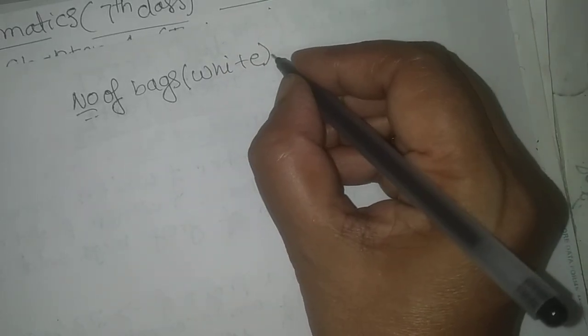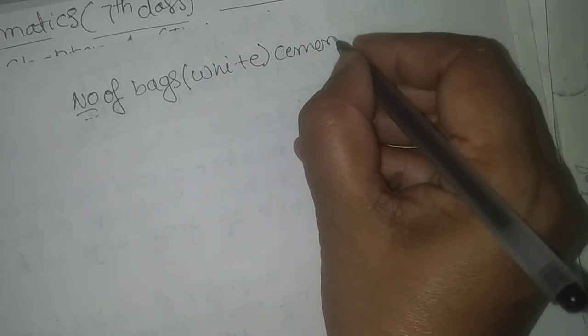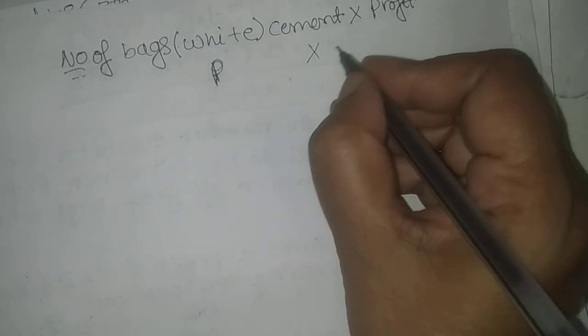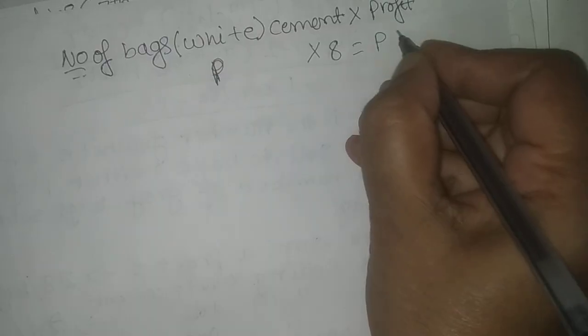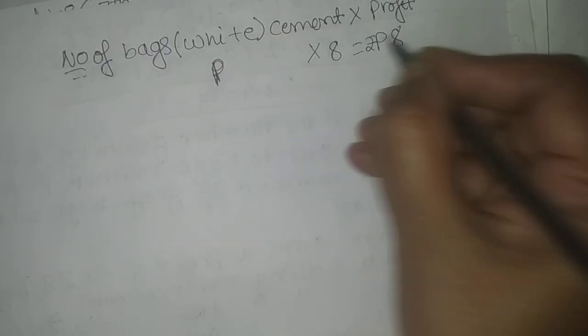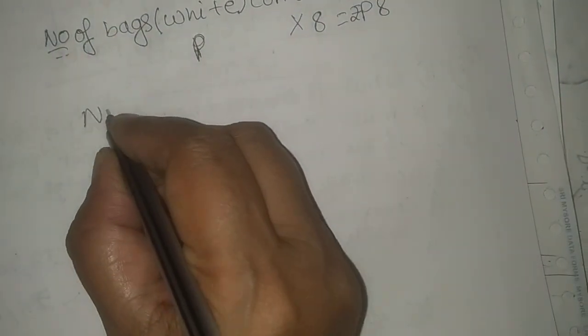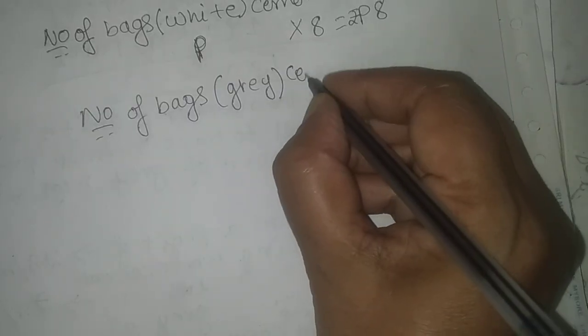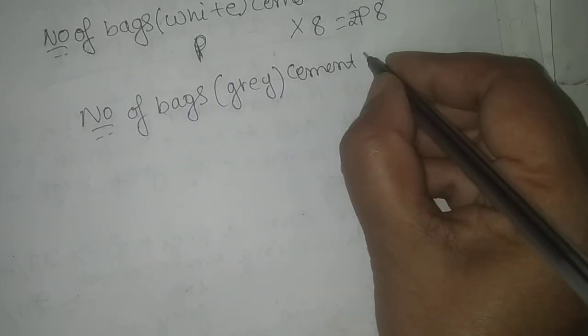I'll make it clear. White cement: the number of bags is P, into profit 8, which is equal to 8P rupees. Next, the number of bags of grey cement into loss.